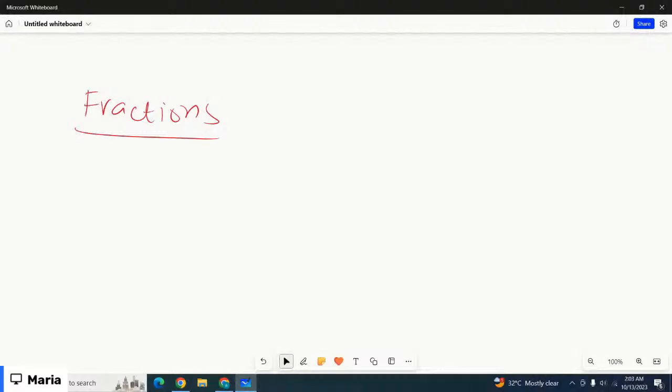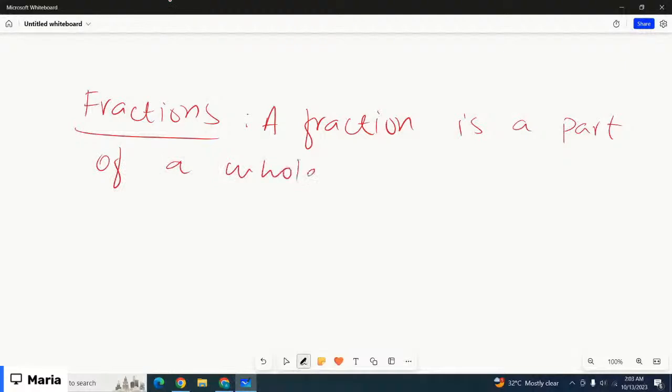What do you know about the fractions? A fraction is a part of a whole, right? A fraction is a part of a whole.